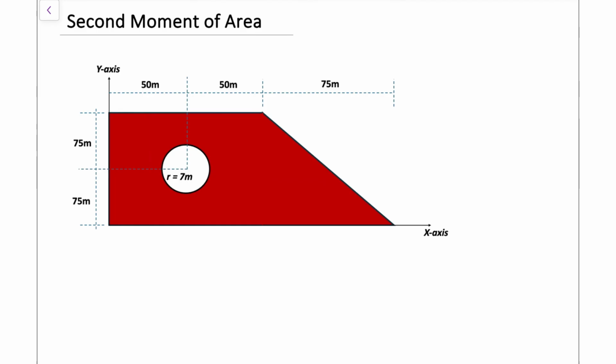So for the rectangle, the formula will look like this: we're going to use Iy to suggest we're going about the y-axis, and that will be equal to 1/12 times height multiplied by base cubed. So that's one formula we'll need later.